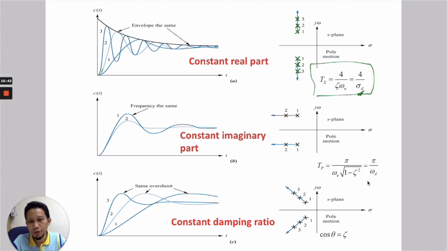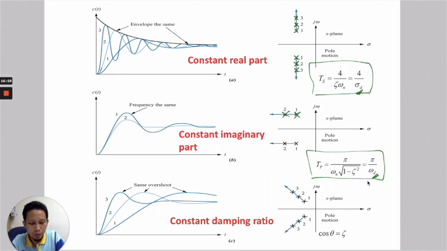Then next, for figure B here, we have Tp, the peak time. The peak time is only related to the value of omega d. This means that if we have poles along this line, omega d becomes constant because it stays on the horizontal axis, so we have the same peak time.